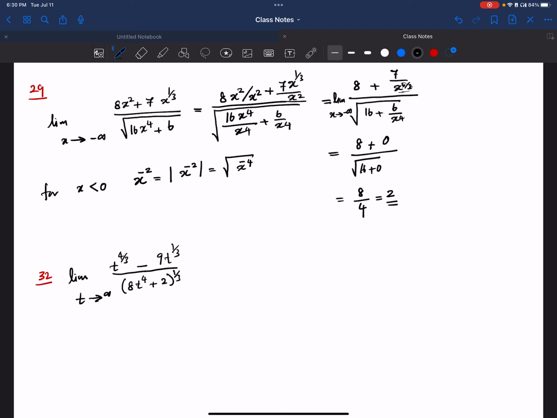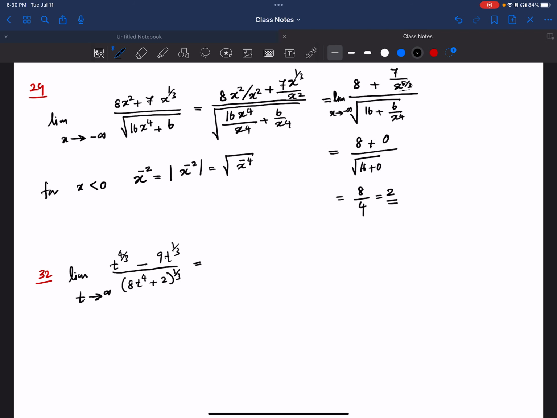You can divide everything by t to the power 4 in the radical. It's easy to write it like this. Put in cubic root, since 1/3 power is cubic root, of 8 t to the power 4 plus 2.